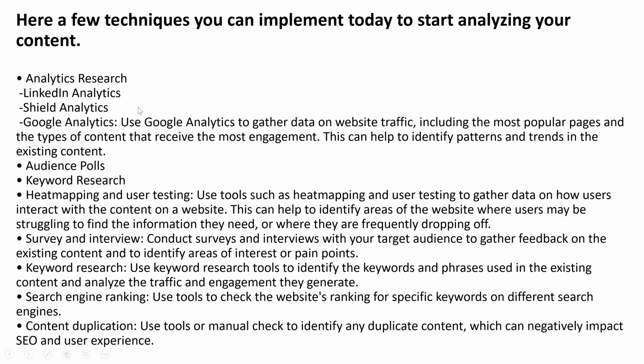So you can conduct audience polls, do keyword research, use heat mapping and user testing, surveys and interviews, keyword research, right? It ties back into your analytics research, your Google Analytics, search engine ranking, same thing. And content duplication.